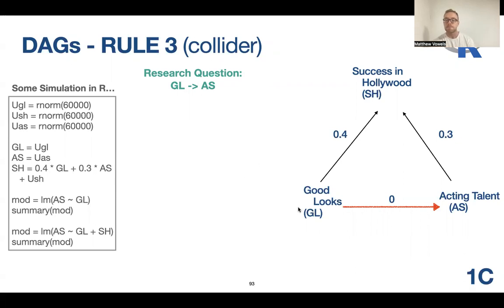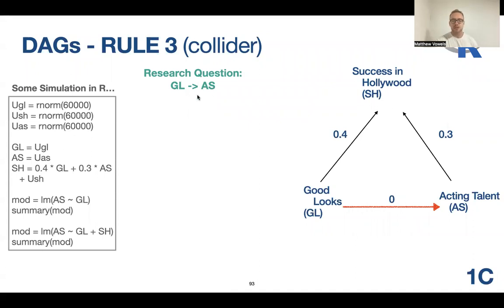The idea here is that there's no relationship between good looks and having innate acting talent. These things are independent. You're born with good looks or you're born with acting talent, or both, but it's random. There's no causal relationship between them. But in contrast, being good looking does influence your chances of success in Hollywood, and being a good actor also influences your chance of success.